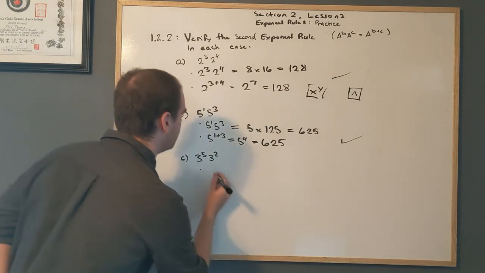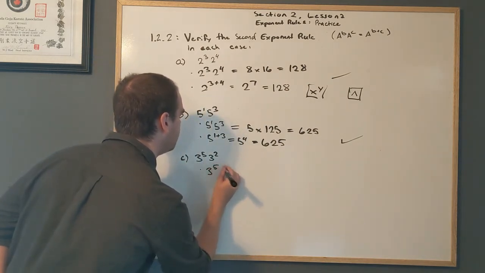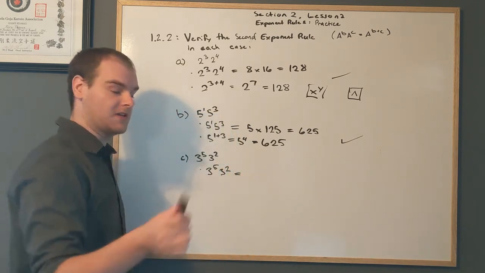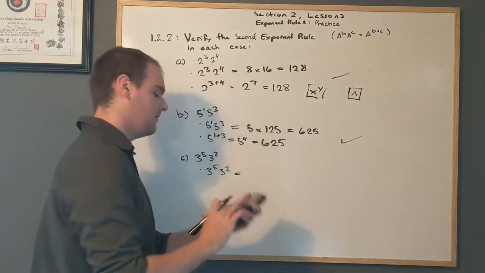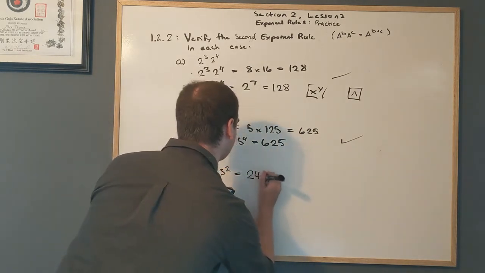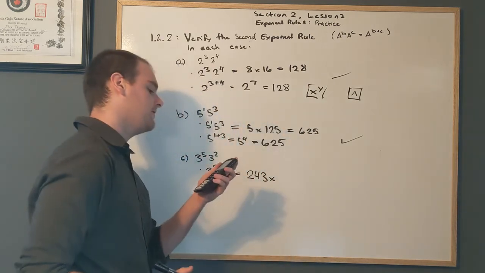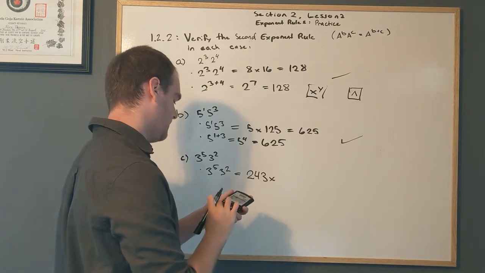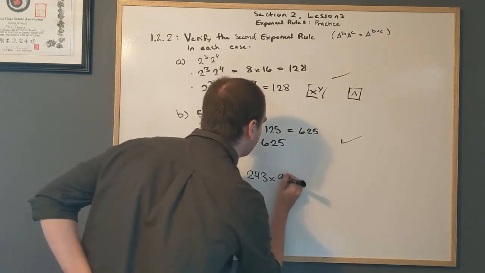Next question. 3 to the 5 times 3 to the 2. Start with the exponents. 3 to the power 5 equals 243 times 3 to the 2. That's 9.